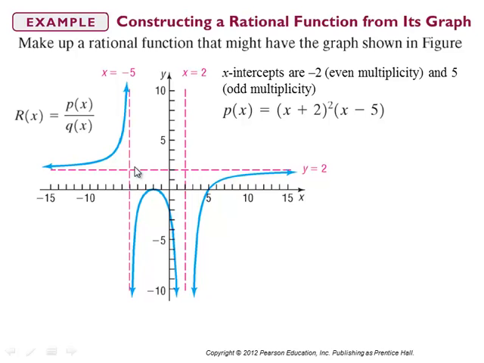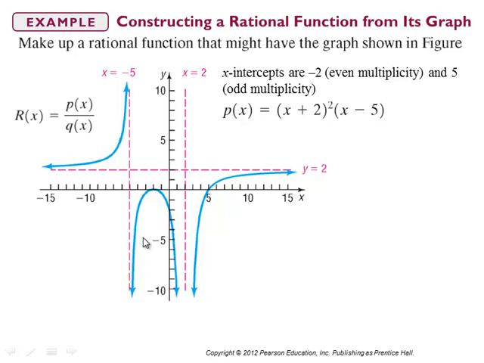Now, looking at the behavior of the graph near each of these asymptotes, we see that at x equals -5, coming from the left, the graph goes to positive infinity, but coming from the right, the graph goes to negative infinity.